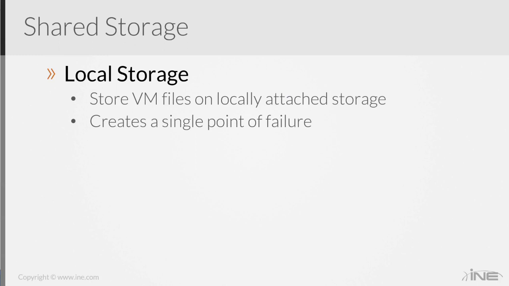Directly attached storage is generally connected to our ESXi host through some form of connection, for example, serial attached SCSI, and not over a network connection. Although we can provide some redundancy through RAID, local or directly attached storage would provide a single point of failure.